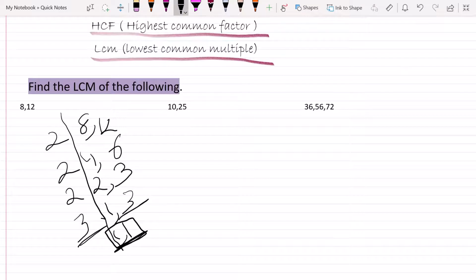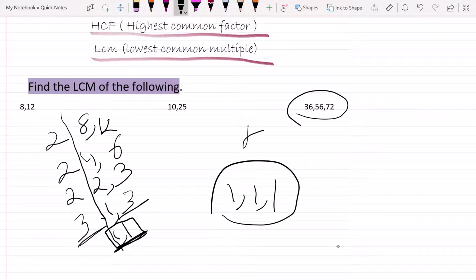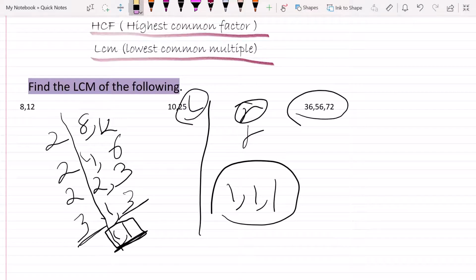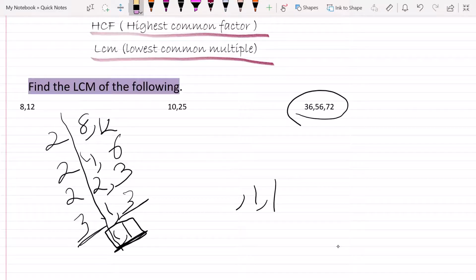In LCM, you will always get 1, 1, or if it's 3 numbers, then you will get 1, 1, 1 as an answer on the right side, not on the left side, on the right side, okay? This is how you can check if you're done with the steps, okay?